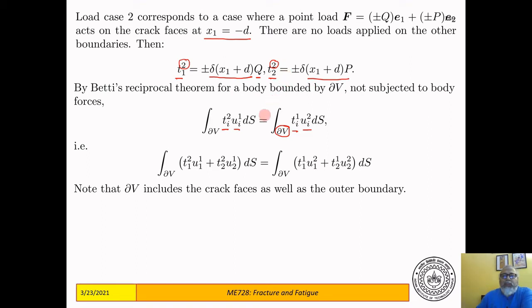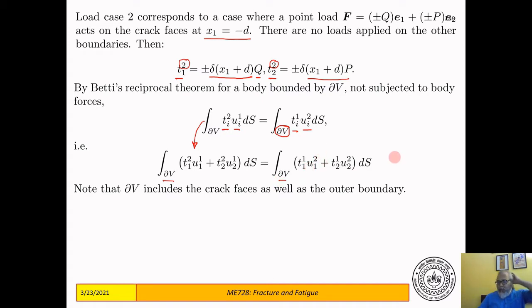So we open this up. So i is a repeated index, so T12 U11 plus T22 U21 integrated over delta V is equal to T11 U12 plus T21 U22 over the same delta V.